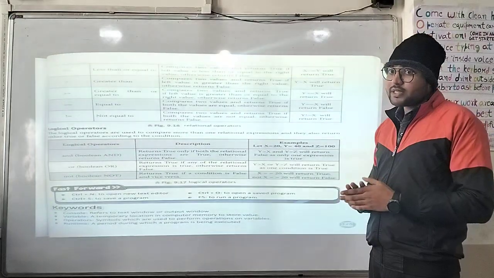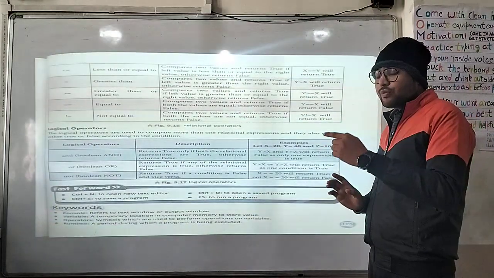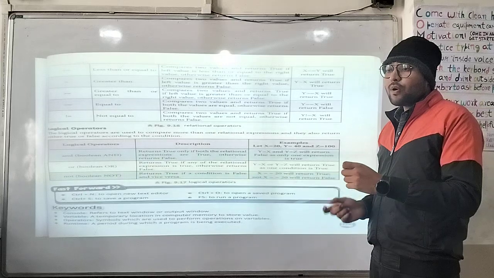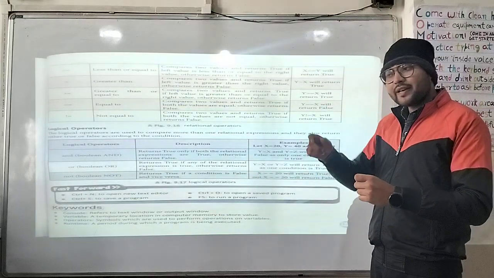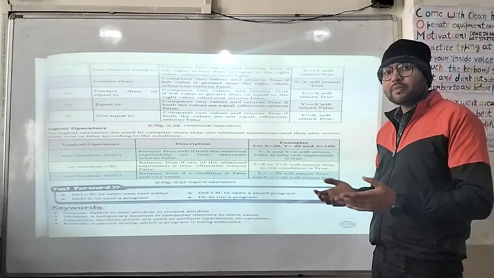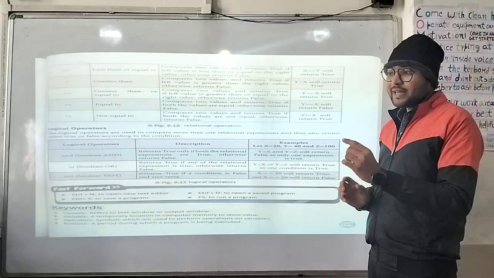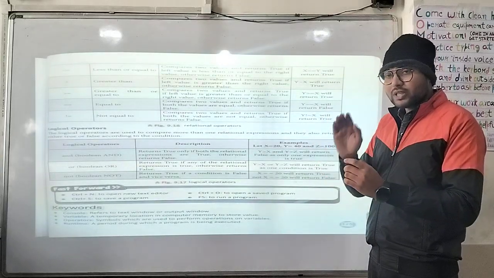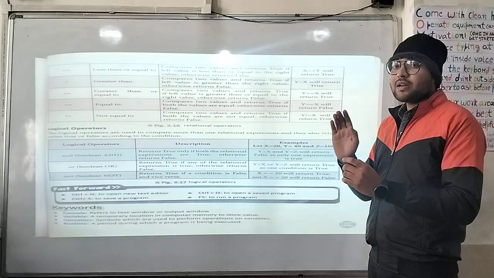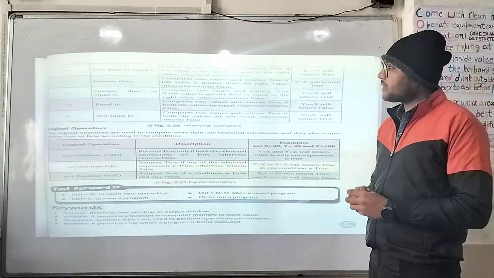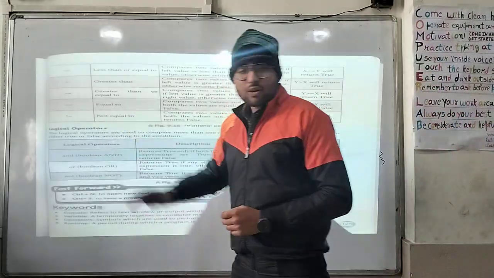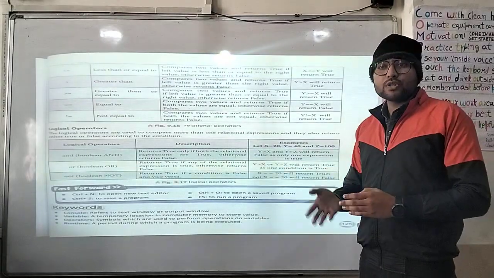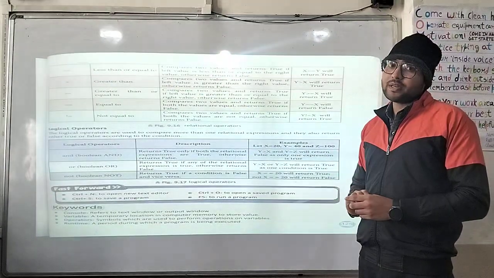If the left value is less than or equal to the right, it will return true, otherwise it will return false. Means if the left value is less, okay, and if it is equal, that is also okay, otherwise it will return false.